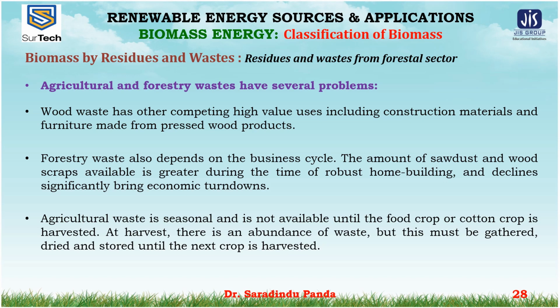Agricultural waste is seasonal and is not available until the food crop or the cotton crop is harvested. At harvest, there is an abundance of waste, but this must be gathered, dried and stored until the next crop.